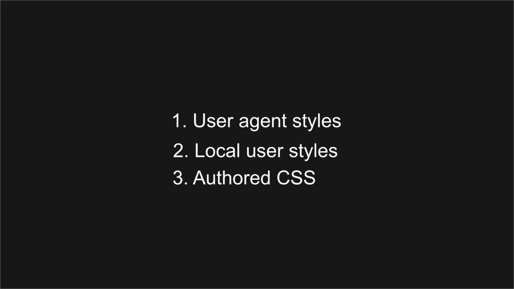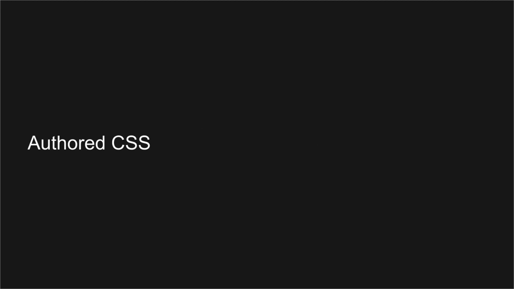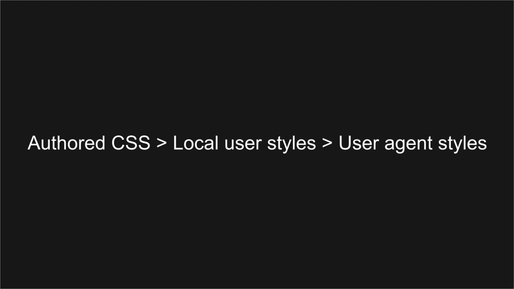Now, the order of preference among these three is that the authored CSS comes first before local user styles and user agent styles. So, user agent styles, which are the styles from the browser, have the least preference, while the authored CSS has the most, except if the important rule is applied.